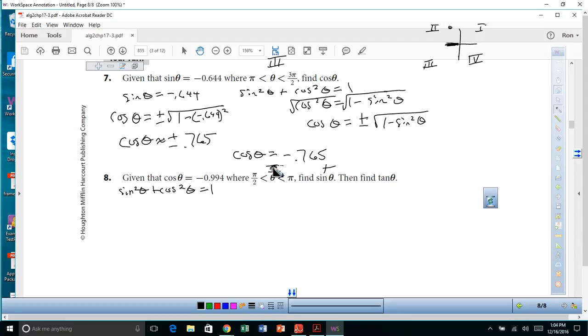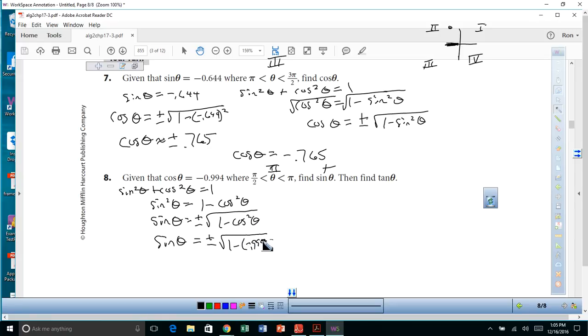We're looking for sine, so sine squared theta equals 1 minus cosine squared theta. Take the square root of both sides. You got sine theta equals plus or minus the square root of 1 minus cosine squared theta. So sine theta equals plus or minus the square root of 1 minus negative 0.994 squared.